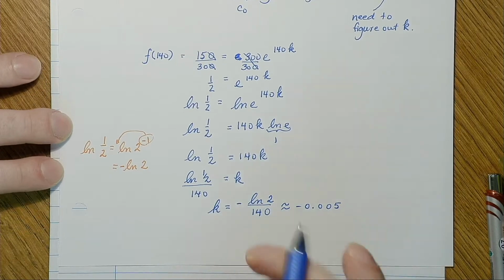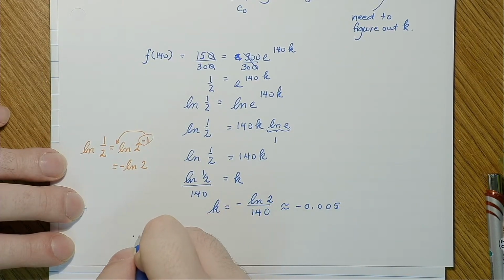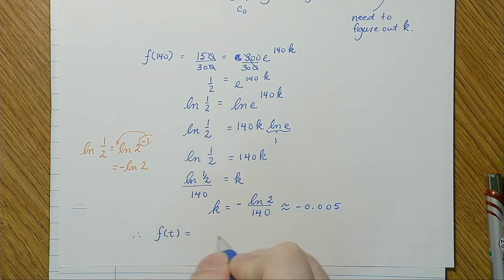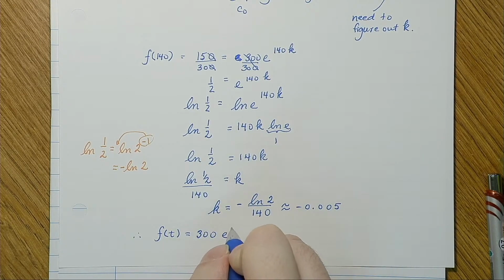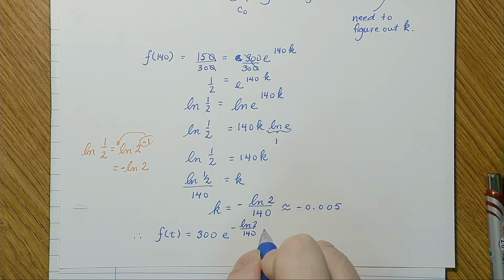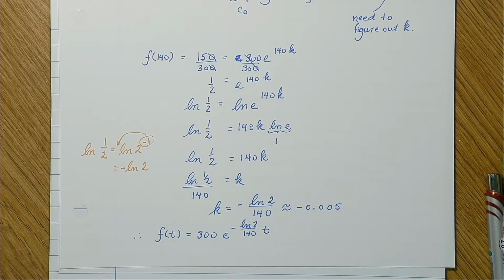So we're almost finished part A. Therefore f of t is equal to 300 e to the negative ln 2 over 140 times t. So that's our equation.